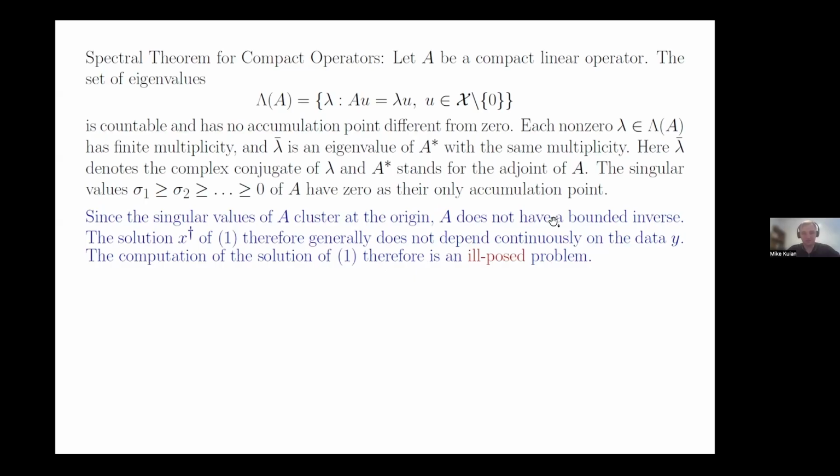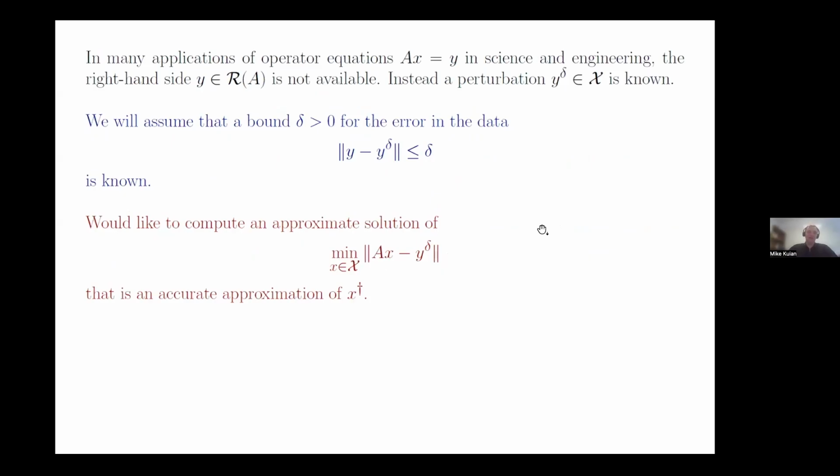What can we do in this case? In many applications of operator equations Ax equals y in science and engineering, the right-hand side y does not live in the range of operator A. In practice, we get noisy data; we never have exactly correct data. So we have some perturbation y delta, which is known, and the real data we usually don't know.